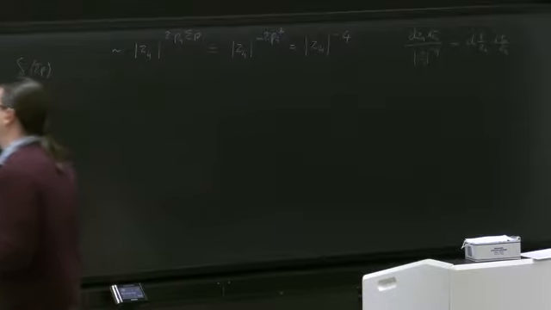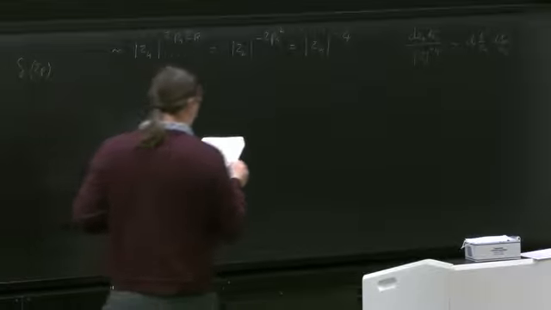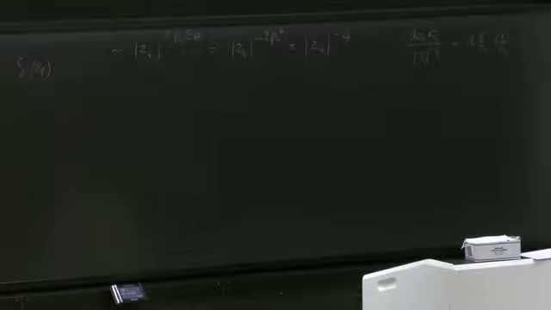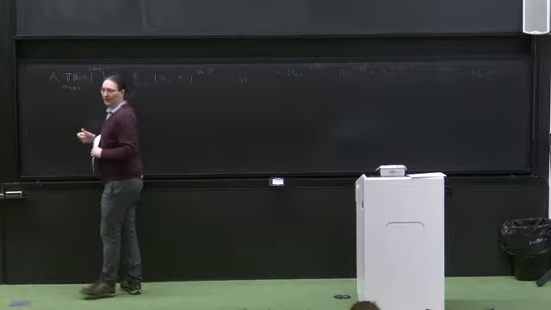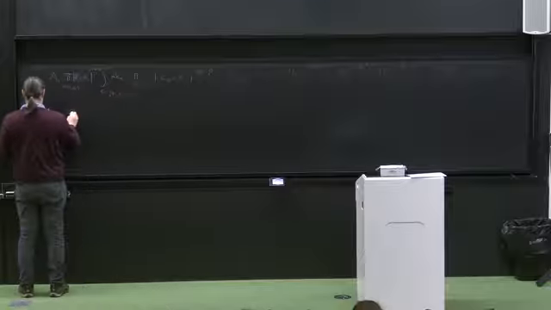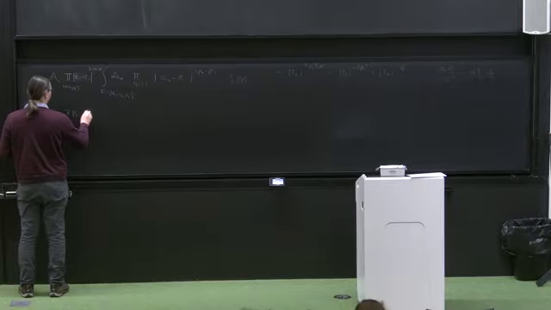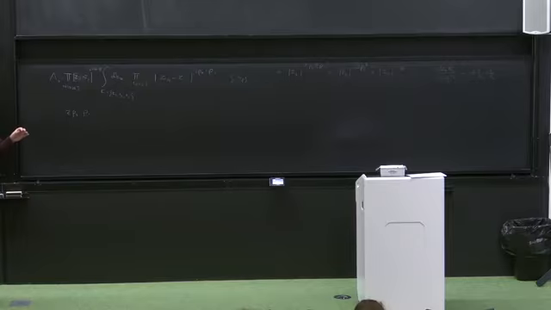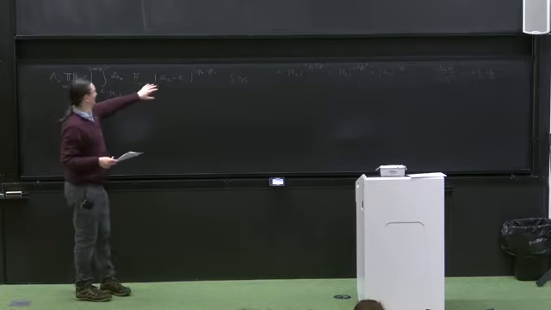So the only problematic situation is when z4 hits other points. When is this convergent as z4 approaches z_i? So some condition on this 2 p4 dot p_i. How negative can it be for this to be still integrable?